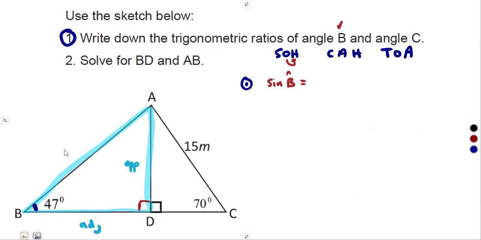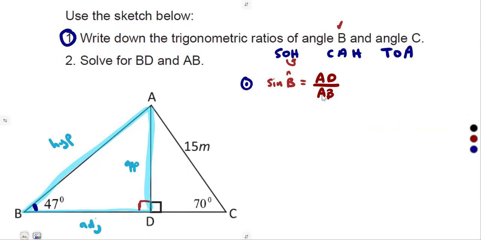And definitely the one that faces the 90 degrees becomes our hypotenuse. Remember, angles on a straight line add up to 180 degrees. So the sine of B being opposite over hypotenuse, our opposite is the side AD over the hypotenuse, our AB.